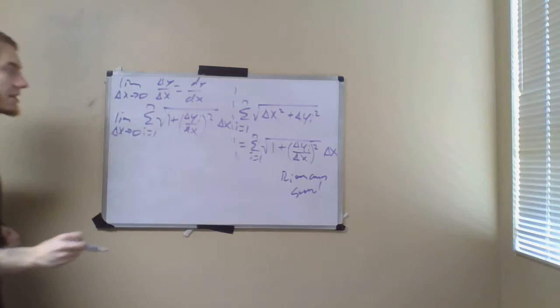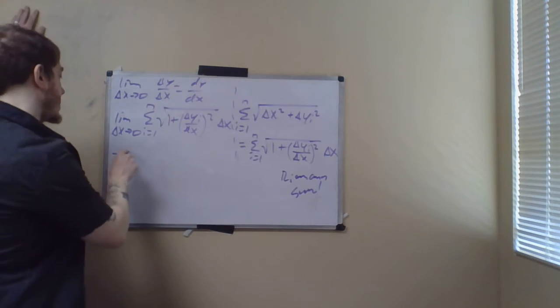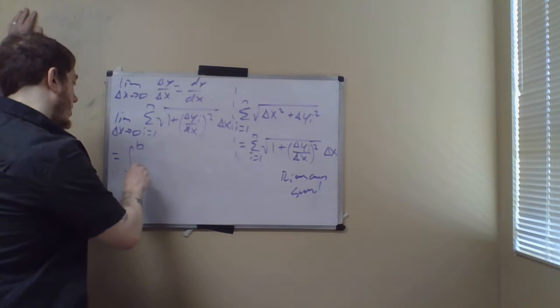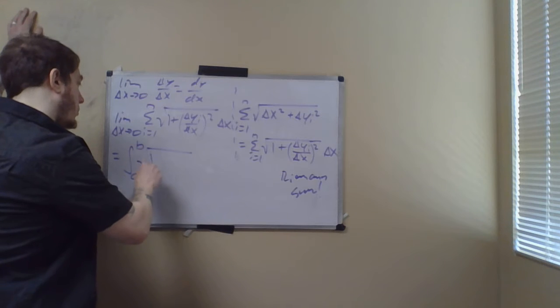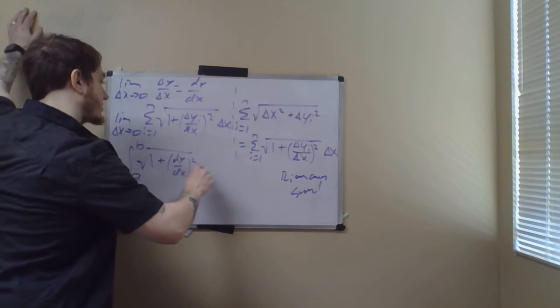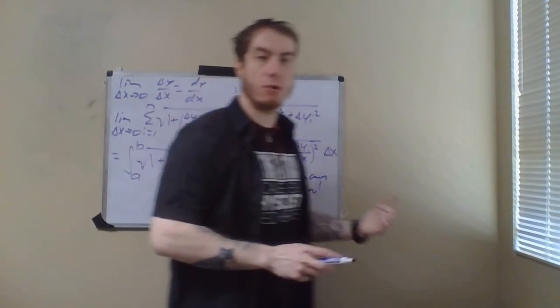And let me put a little line there to emphasize this is something separate. This limit is going to be the integral from a to b of the square root of 1 plus dy dx squared dx, because that's just what these Riemann sums converge to.